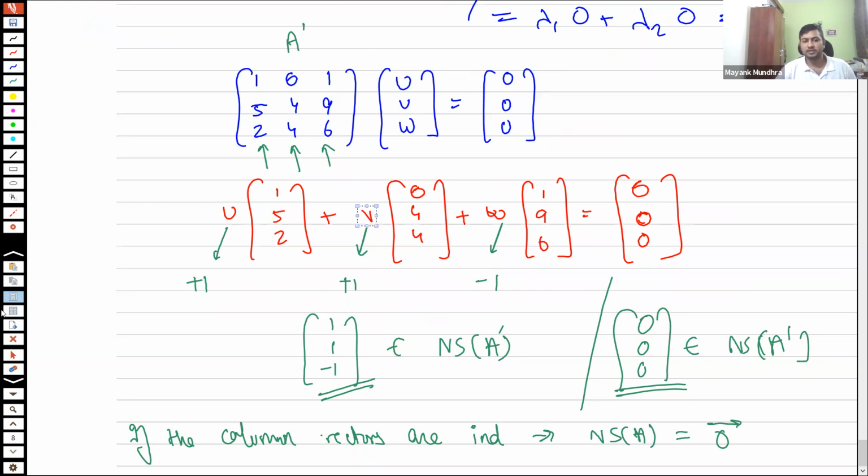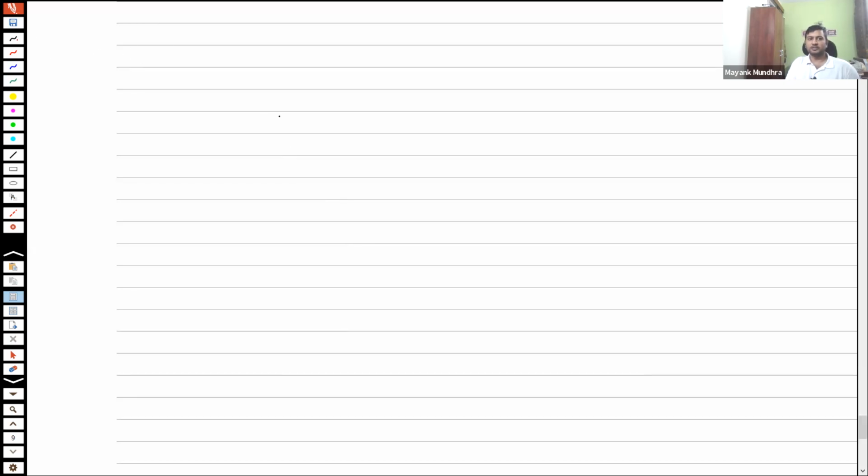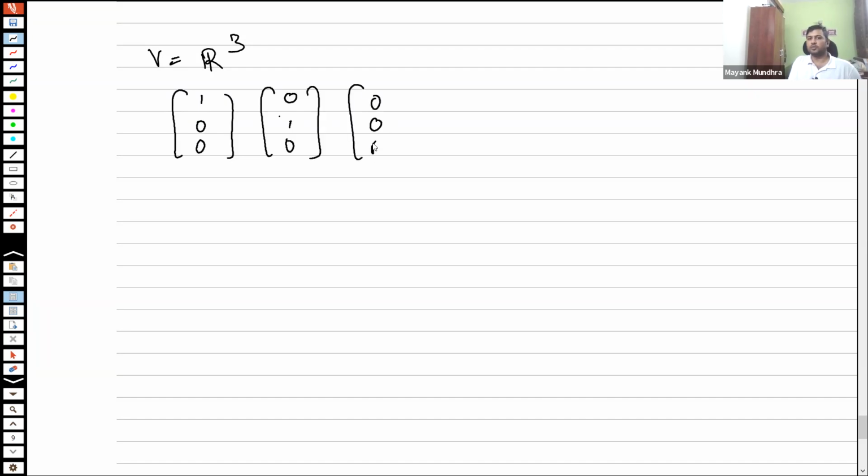For example, suppose you are talking about the R cube vector space. So suppose your vector space V is R cube. Then vectors (1, 0, 0), (0, 1, 0), (0, 0, 1) form a spanning system, because any vector in R cube can be represented as a linear combination of these three vectors V1, V2, V3.